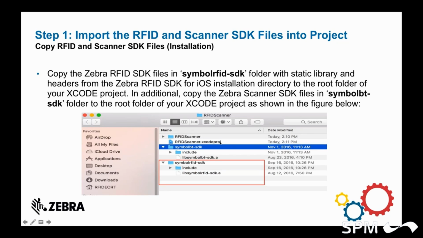This is your project root folder, this one is the scanner SDK, and this one is the RFID SDK. Okay, and in slide 41 later, I will show you where to find the SDK installation directory and structure, once you install the RFID and scanner SDK.